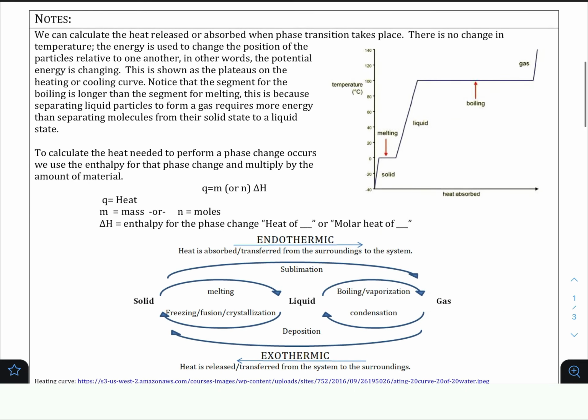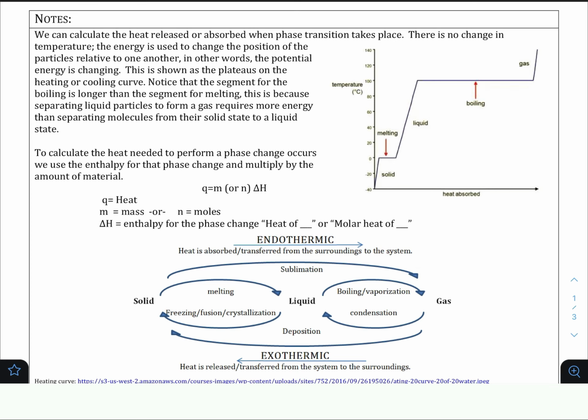I think we really need to understand what this graph is. It is our heat versus temperature graph. If we take a second and really look at what it's saying, we start as a solid, and as we add more heat, we're raising the temperature of that solid until we get to the melting point.